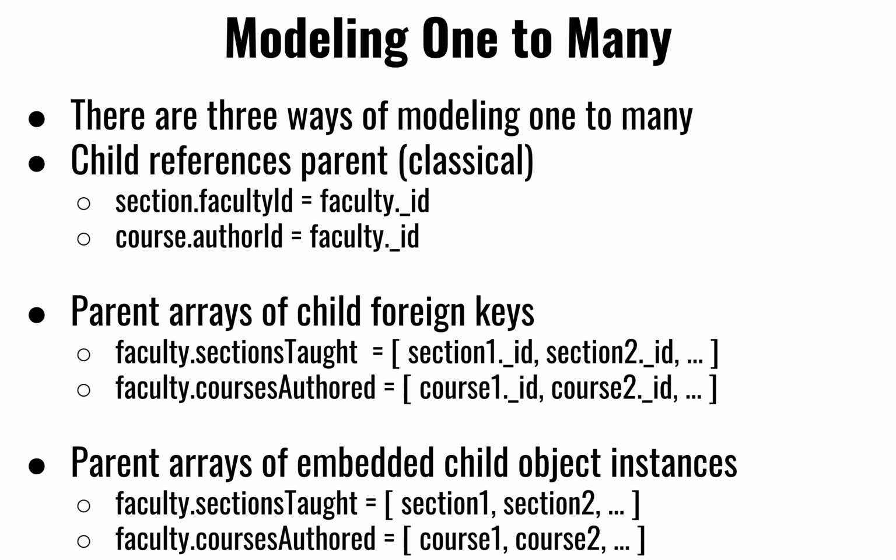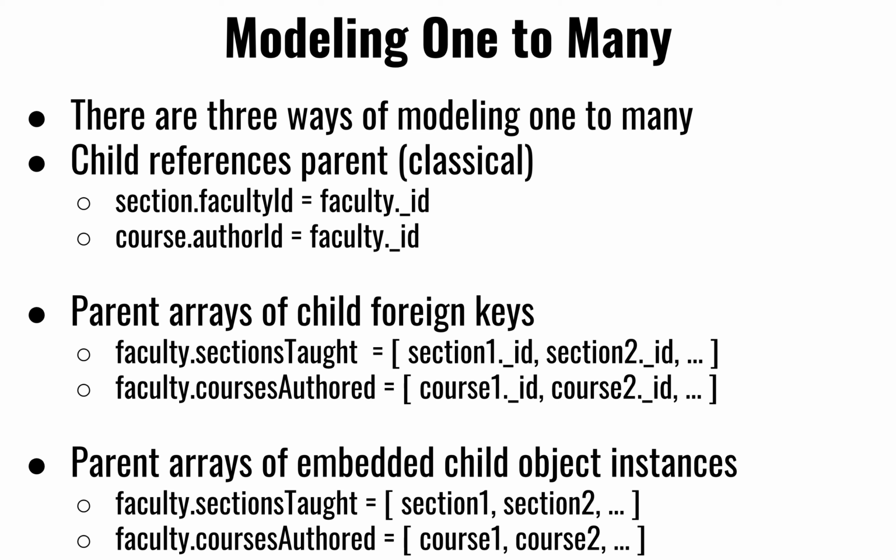Many folks are interested in manipulating sections. If they are instead embedded inside of a faculty, that's very cumbersome, because I first have to manipulate the faculties and somehow then find the sections embedded in there, which makes no sense. Faculties should be able to exist, and sections should be able to exist, without them having to be embedded inside of another. Now, I should be able to manipulate sections individually, independently of the faculty that they belong to.